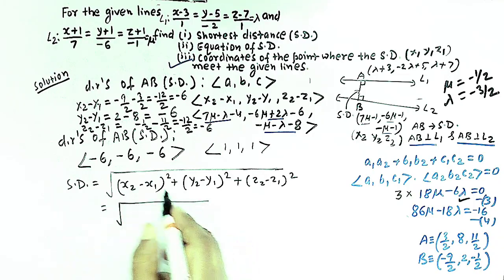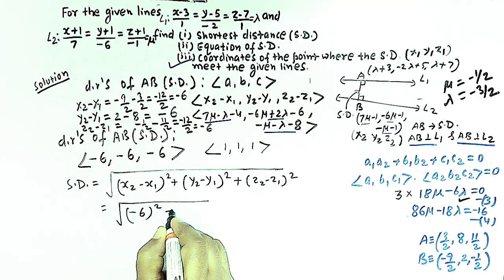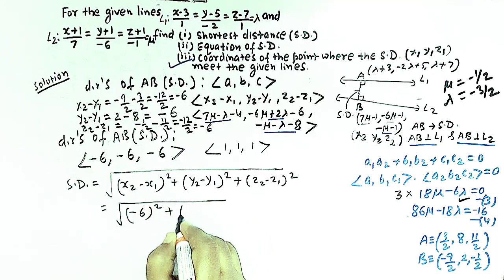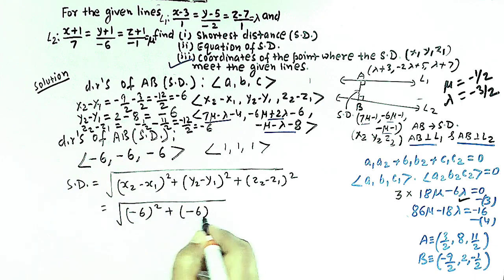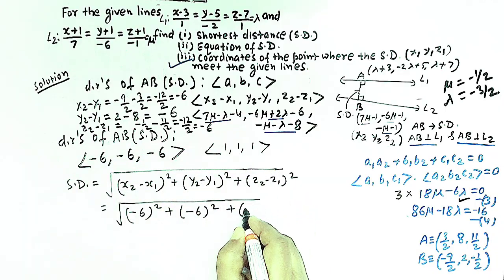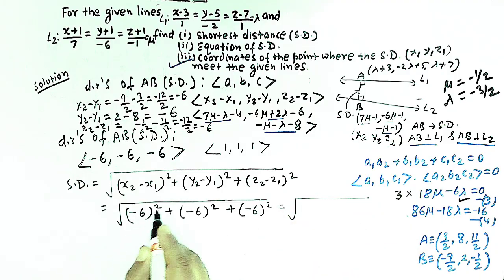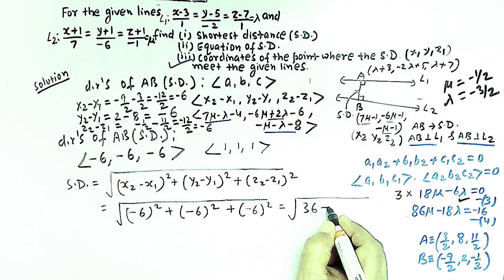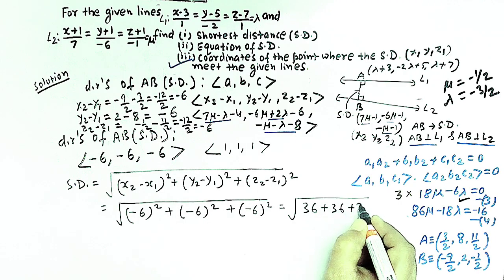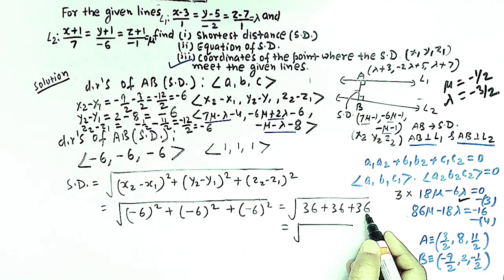So here we have x2 minus x1 as minus 6, so we have minus 6 square. Then we have y2 minus y1 as minus 6, and then we have z2 minus z1 as minus 6. So here minus 6 square is 36, here we have 36, here we have 36. So now 36 plus 36 is 72, and then we have 108, right?